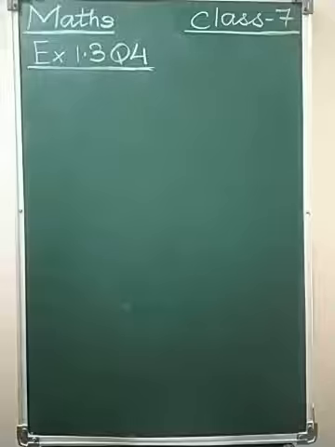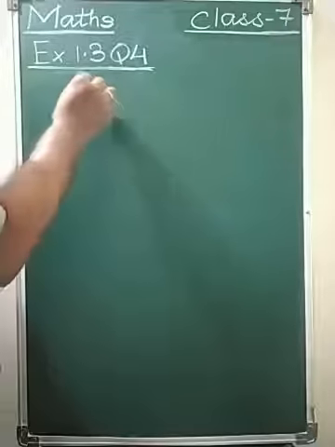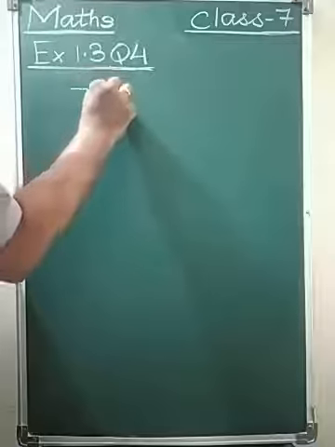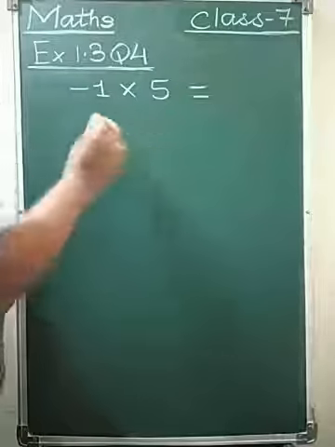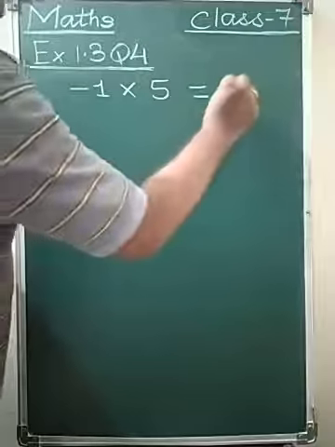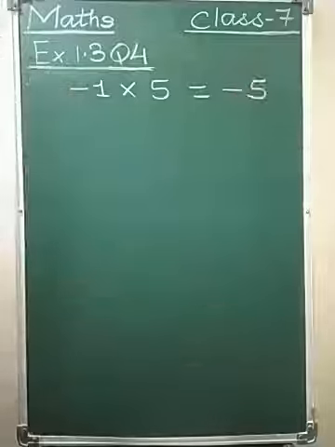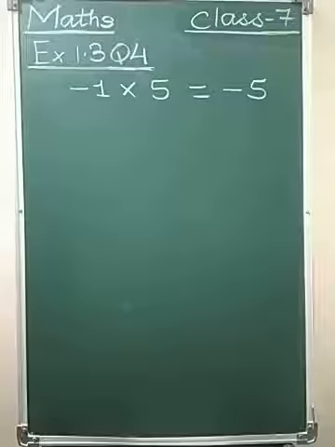Question number 4, let us see what it is. Starting from minus 1 multiplied by 5. That means we have to start with minus 1 multiplied by 5, and the answer would be minus 5. Starting from minus 1 multiplied by 5, write various products showing some pattern.